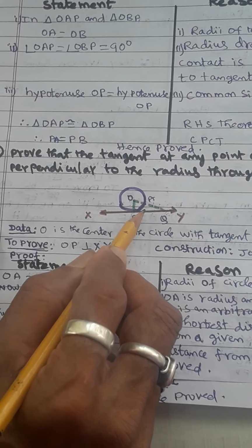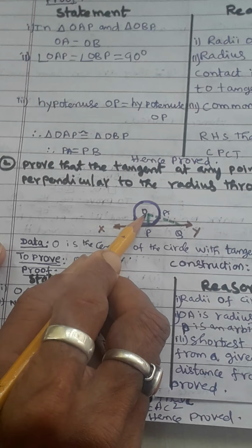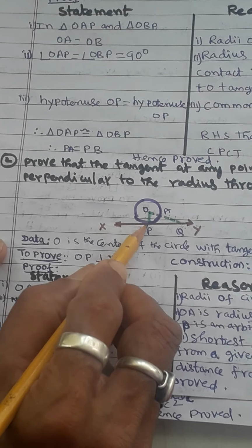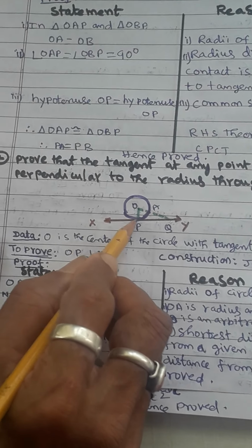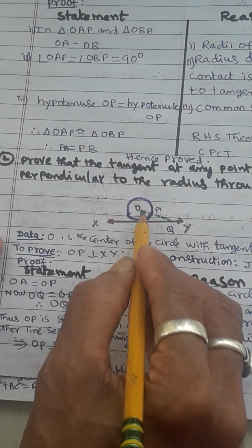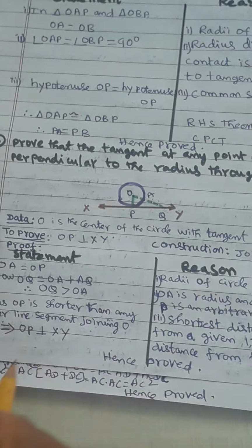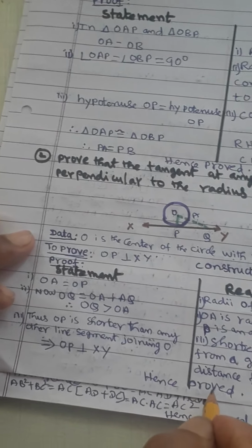Suppose you move Q to this side, it will also be greater than the radius. The shortest distance comes only when the angle is 90 degrees. So wherever the shortest distance is drawn, that radius will be perpendicular to XY. Hence it is proved.